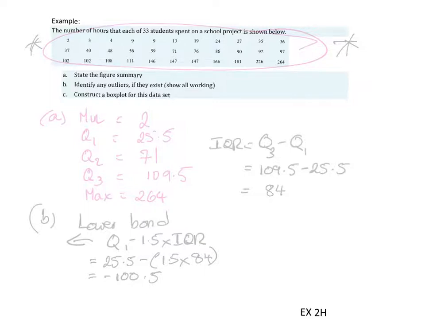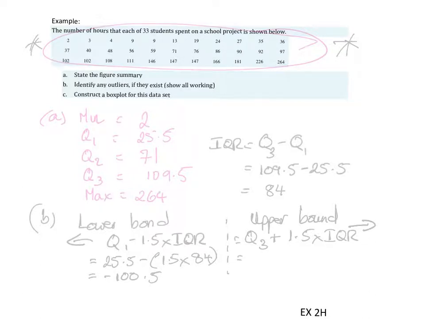So now let's go and find our other side. So we'll be looking at the upper side. And so what we're looking for here is a value that will be bigger than that one. So the rule that we use for the upper side is Q3 plus 1.5 times IQR. Let's substitute it all in.